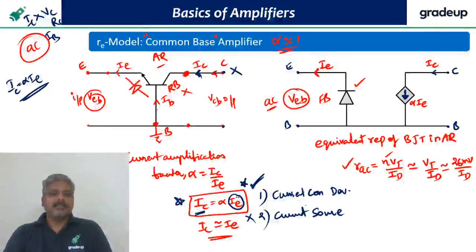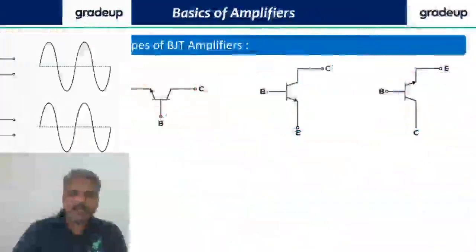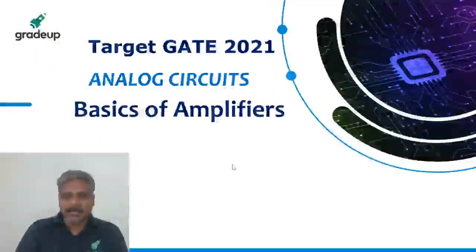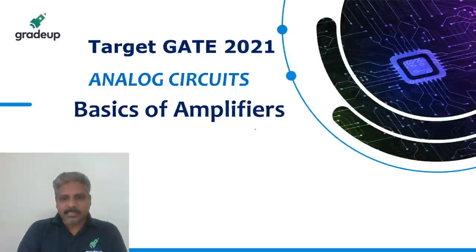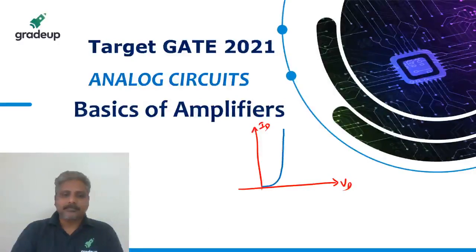For your clarity, shall I give you what dynamic resistance is in simple terms? Suppose I have a junction diode. How are the characteristics under forward bias? This is the characteristic, right?